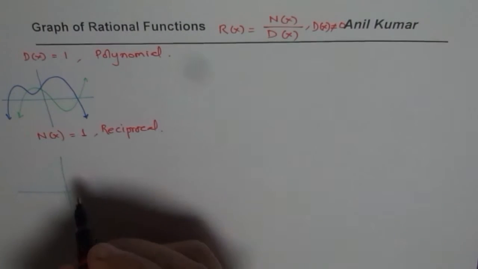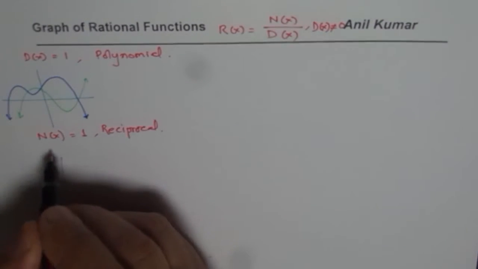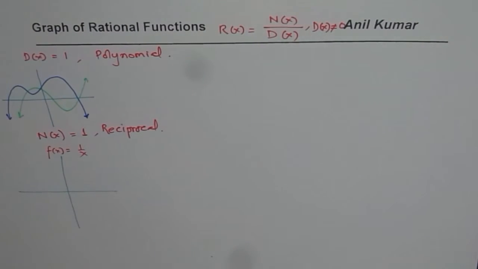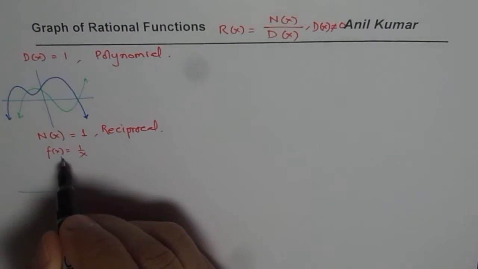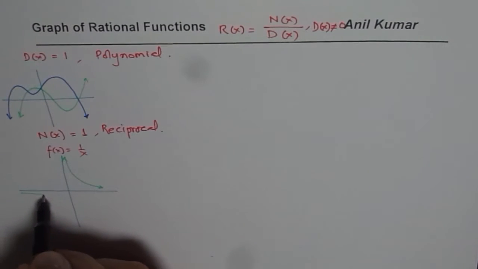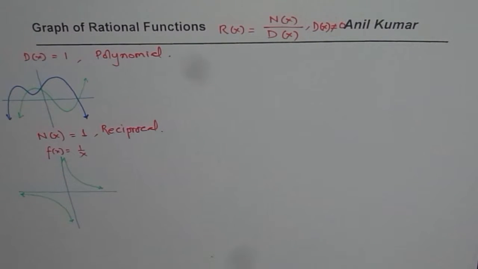For example, f of x equals 1 over x becomes the parent function for us, and the graph of 1 over x looks like this.